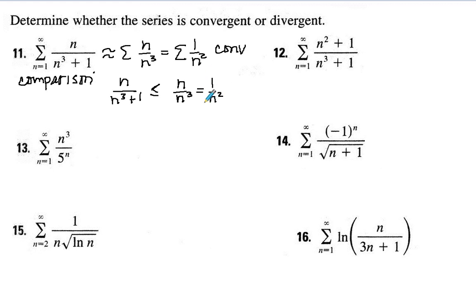So if we did a limit compare with these guys, we actually would get 1 for an answer, which means that these are essentially the same in the limit. But here, we've actually shown that 1 over n squared is bigger than n over n cubed plus 1. Since this series converges by a p-test, we'd say sum 1 over n squared converges by p-test.